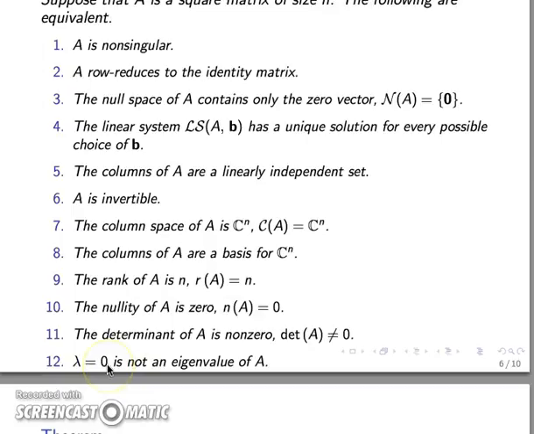So having a 0 eigenvalue is equivalent to being singular, and if the matrix is non-singular, then lambda equals 0 is not an eigenvalue of the matrix, right? So that adds to the list of equivalences of non-singular matrices.